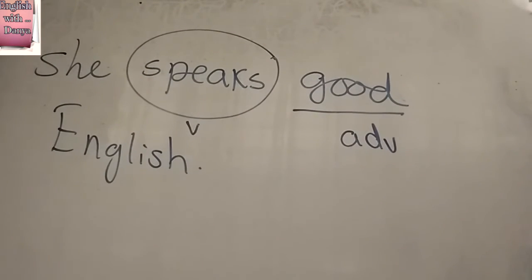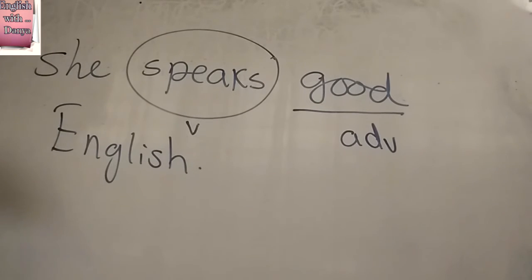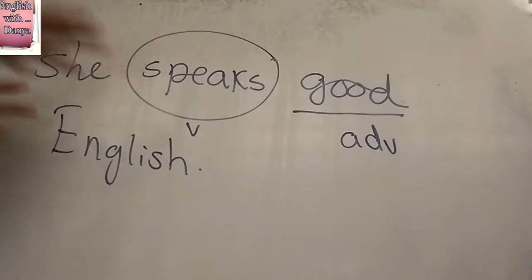All right, and yeah, there are actually a lot of examples that can be used to express more details on adverbs of manner, but I'm just providing you with the most important things that you need to remember, right?